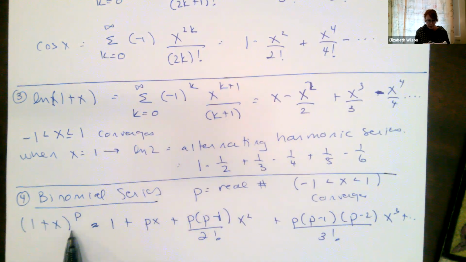When I evaluated at x equals 0, or a equals 0, my first term is 1. When I take the derivative, I get p, and then I evaluate at x equals 0, so it just becomes 1, so p times x. My second derivative, I've had to subtract, p minus 1 from here, so it's going to go p times p minus 1. So that's where all this comes from. This is just from taking the derivatives of this and deriving my Maclaurin.